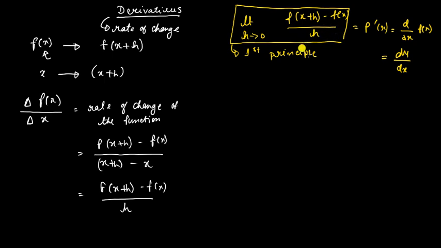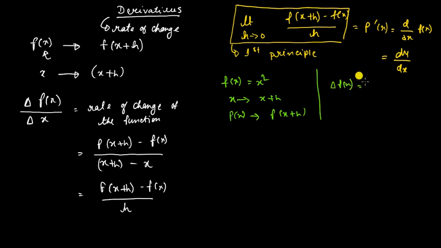Understood, right? Now if we try and do an example of how this actually works, let's say you have a function f of x is equals to x square. Now if I think of a change of this function, so x became x plus h, then f of x becomes f of x plus h. So what is the delta of f of x?